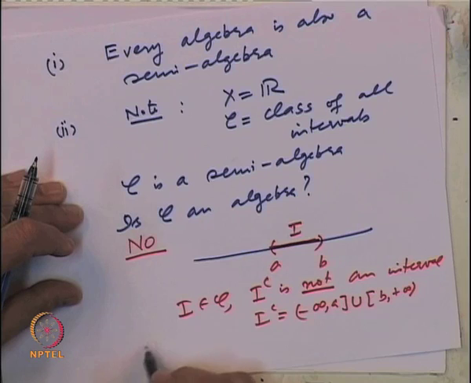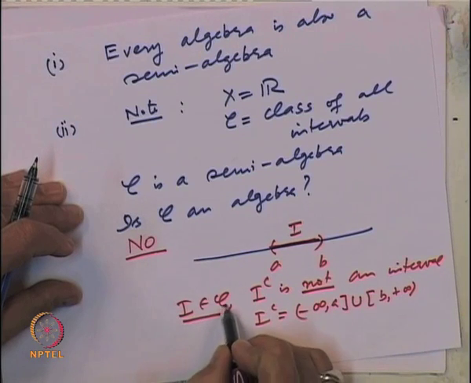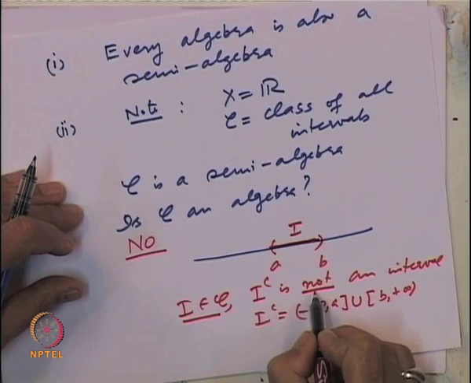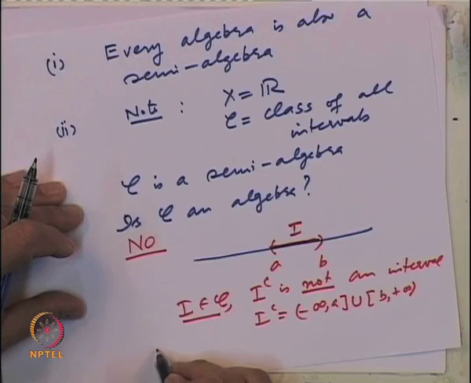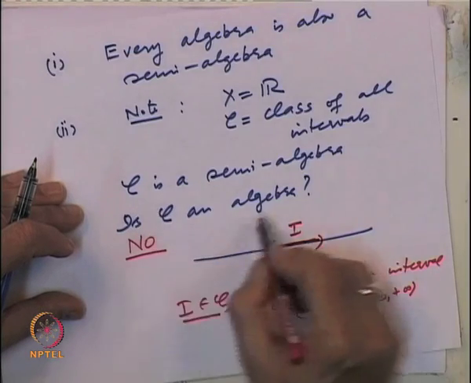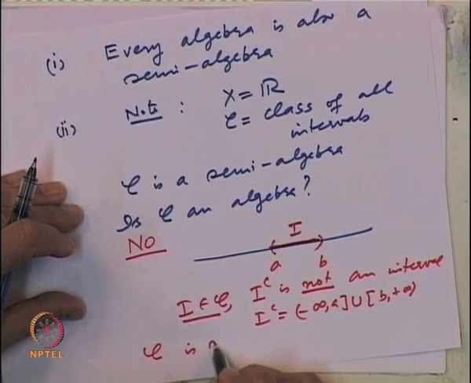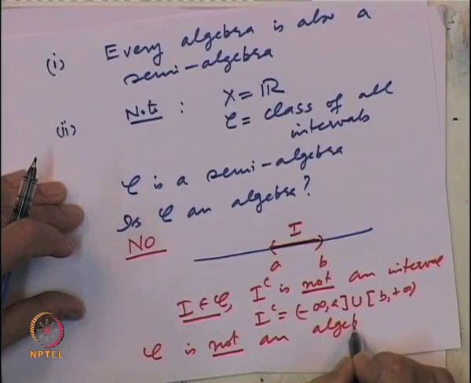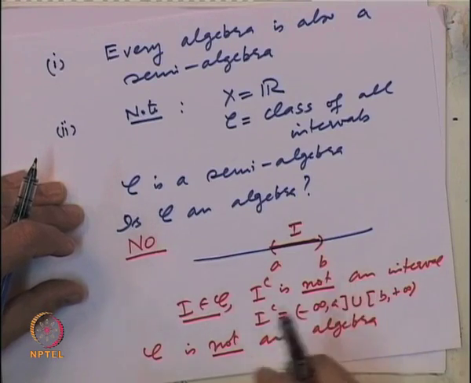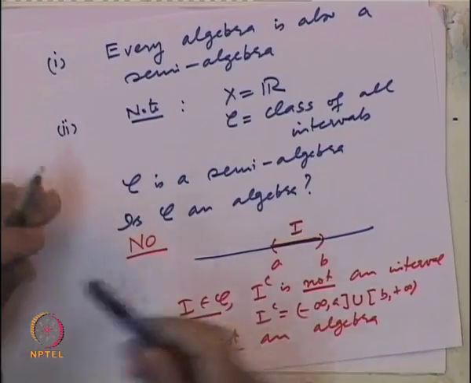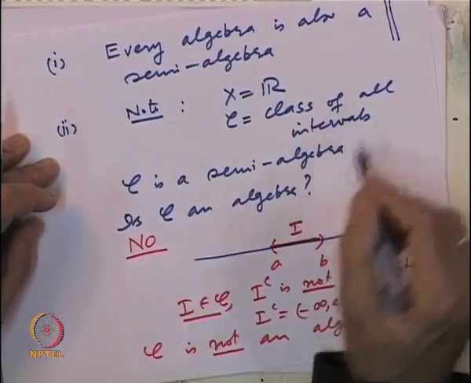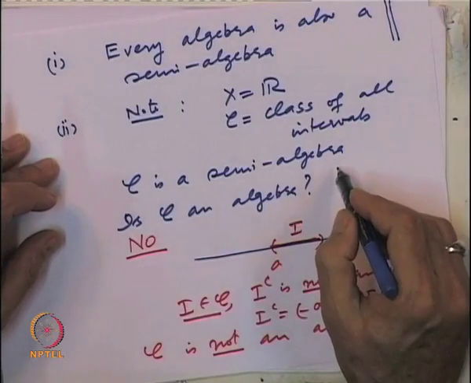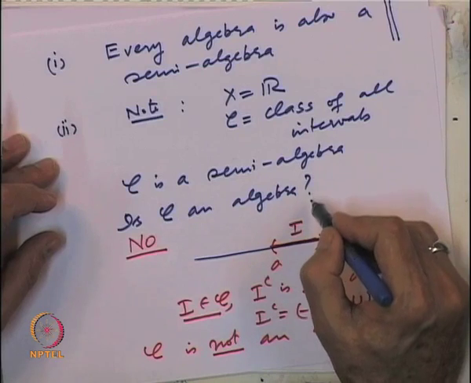So, when I belongs to C, I is an interval, its complement need not be an interval in general. That implies that this collection C is not an algebra. Let me emphasize the property again. One says every algebra is also a semi-algebra, and this says every semi-algebra need not be an algebra.